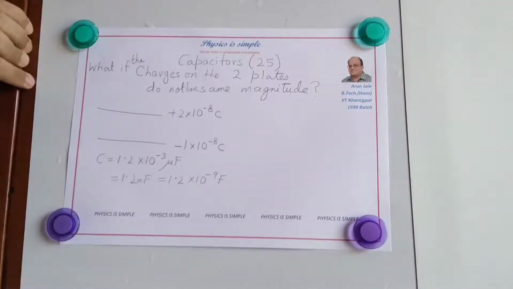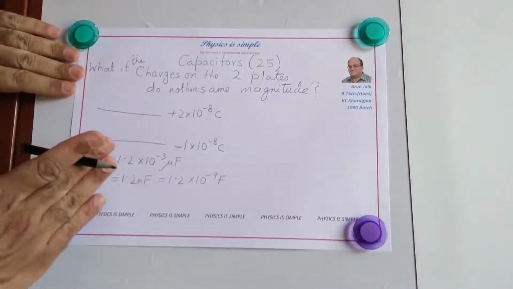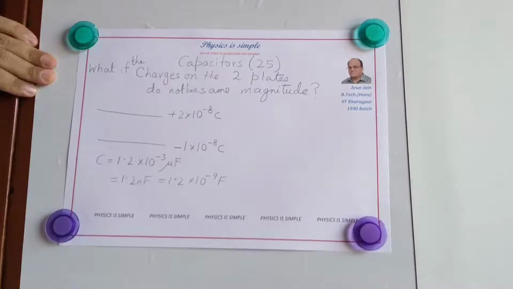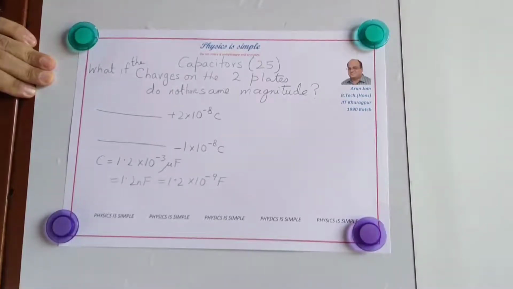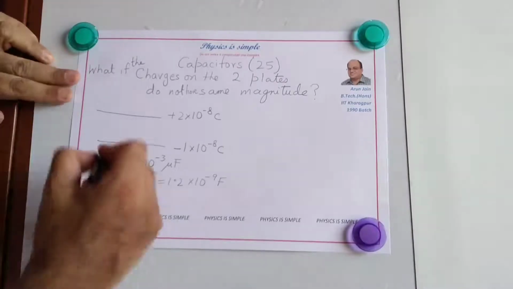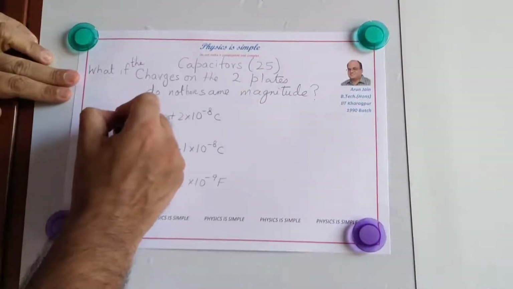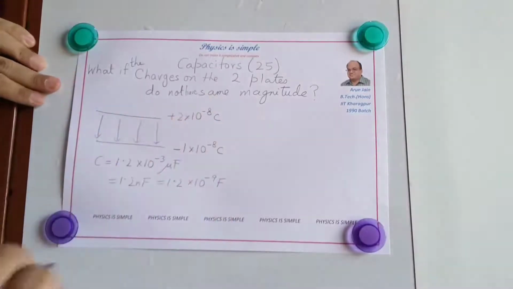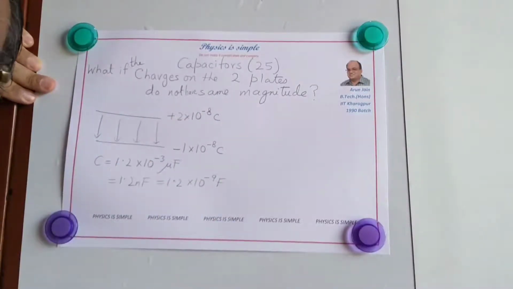Now, normally we have equal and opposite charge on the plates, and then the electric field is given by sigma by epsilon naught. Now we know that the positively charged plate creates an electric field away from itself, and that electric field is given by sigma by 2 epsilon naught, right?